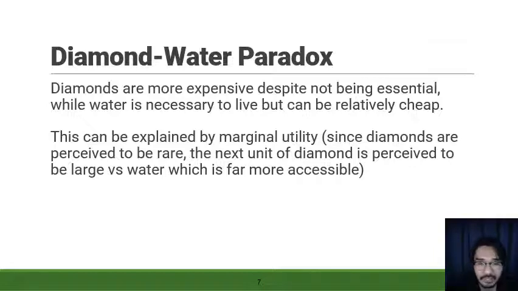And because of that, the cost of that water is smaller as well. So here is where marginal thinking really comes in, and it's a really good example of how to appreciate the idea of marginal utility and marginal costs.